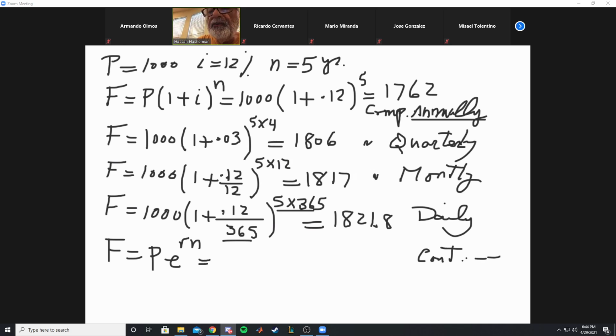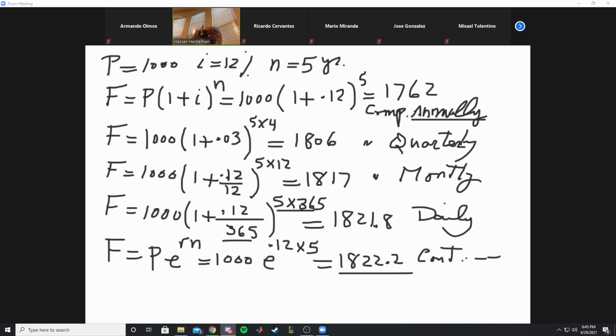In this case, you will have 1,000 times e, which is 2.718. You have it in your calculator. Your interest is 0.12 times 5 years. So you end up with 1822.2. This is the maximum amount of money that you can make out of 1,000, and if you look at 1822 versus 1,600, that's a lot. Okay, so that's how we do that.